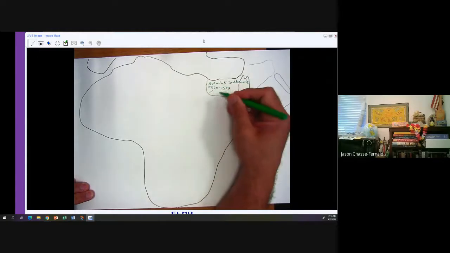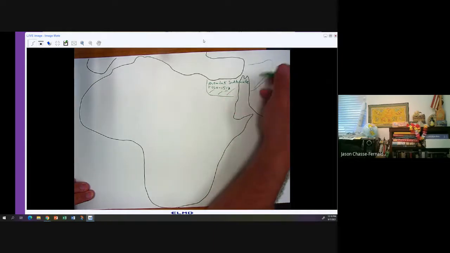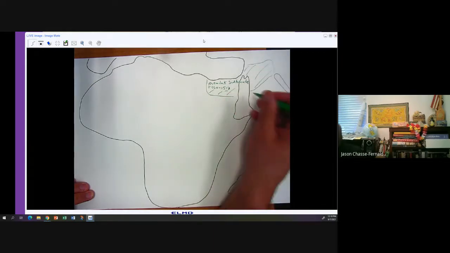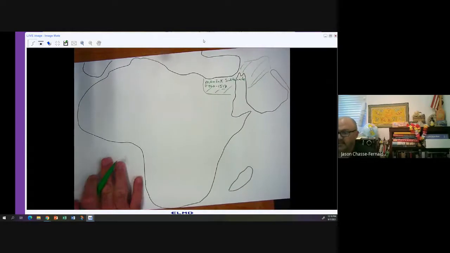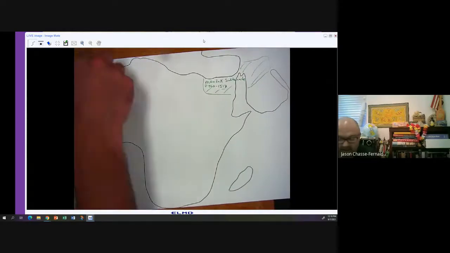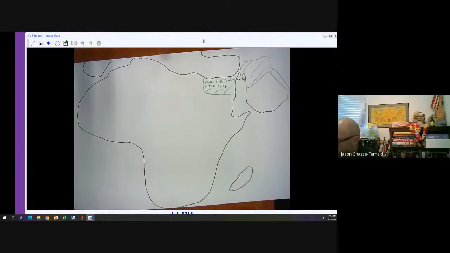So this is their area of control. Let's start with them, and you also have Al-Andalus over there, an Islamic presence through most of our first time period. All right, let's begin.